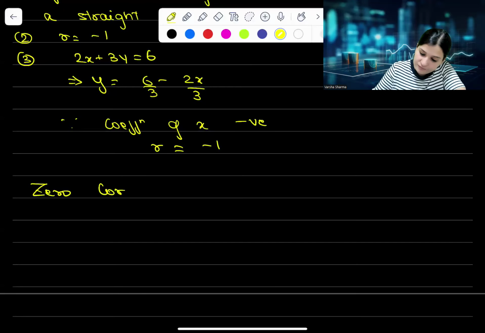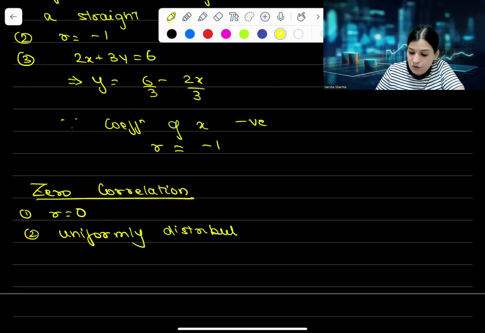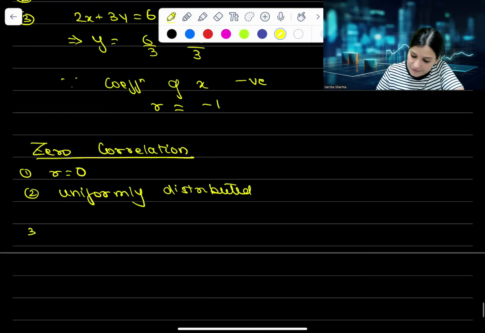Zero correlation. R will be 0, uniformly distributed. That means you will not be able to predict. Example, x, y.